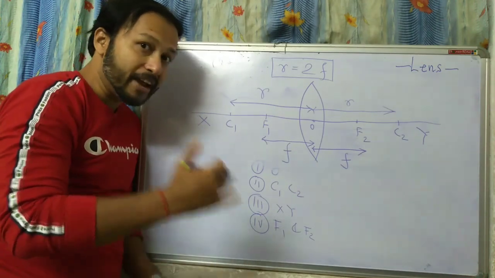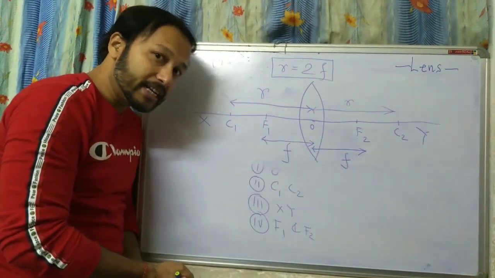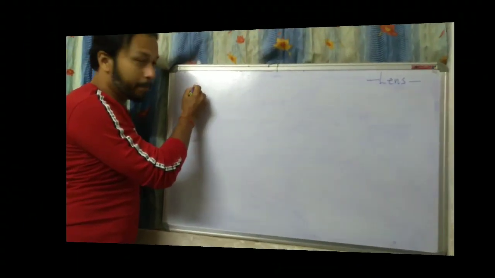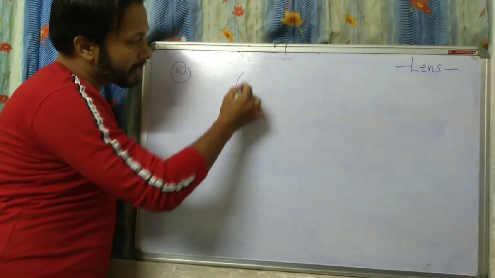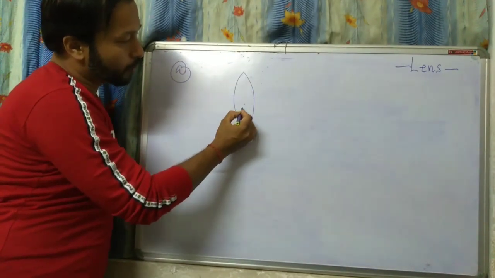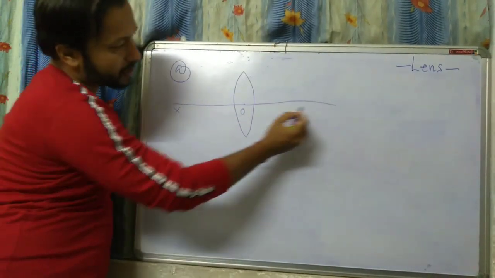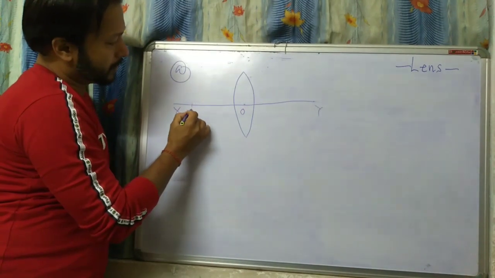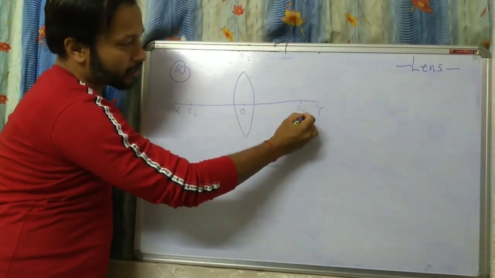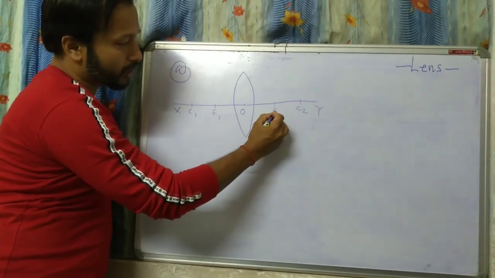Now we will see how rays behave when they pass through this convex lens. Let's see that. Number A. This is a lens. We know that this is pole, principal axis, center of curvature, another center of curvature, first principal focus, second principal focus.